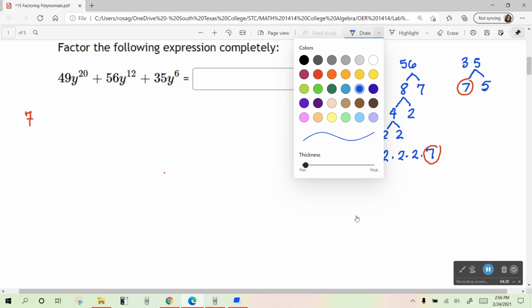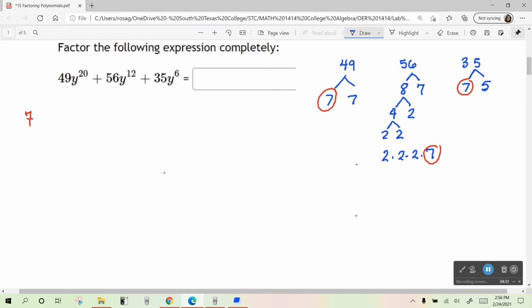Now, when it comes to the letters, they all have y. So we're going to take out the smallest one, which is y to the 6. And now we're going to go to the inside. So on 49, what do I have left? The 7. So I'm going to put 7. And then for the letters, 20 minus 6, 14.